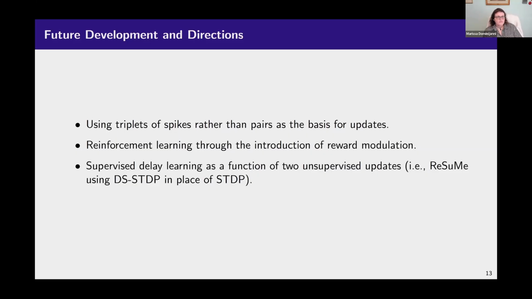And also, we were wondering if this could extend to supervised delay learning, rather than the current delay learning method that's used, which uses a completely different delay update rule, if just using DS-STDP and following the same chain would result in a viable supervised method.